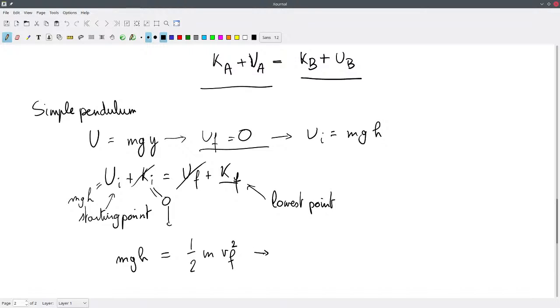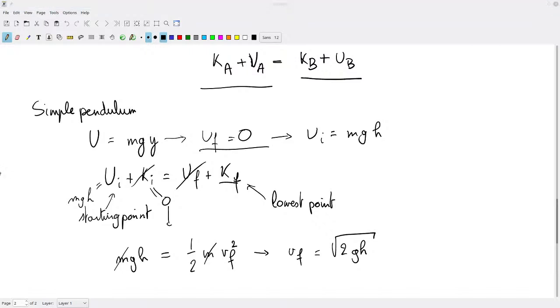And now we can solve this for v final. First of all, what you'll see is that the masses drop out here. So v final will be the square root of 2g times the height.